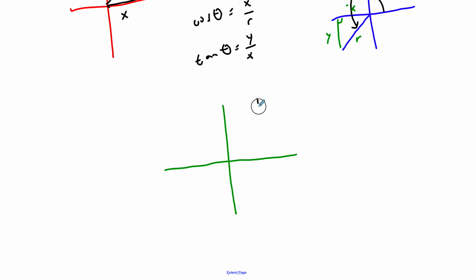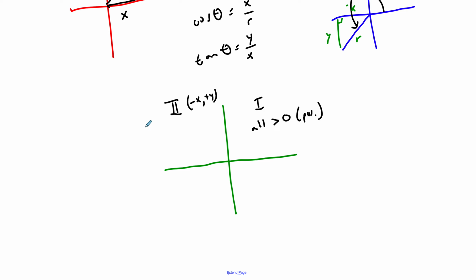So when we're in quadrant 1, then we know that all of these things are indeed positive, so they're all greater than 0, because we're in the first quadrant. So for the second quadrant, what happens? Well, we know in the second quadrant that all the points have a negative x value and a positive y value. So what does that mean?